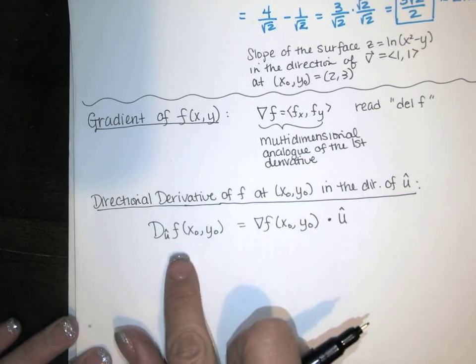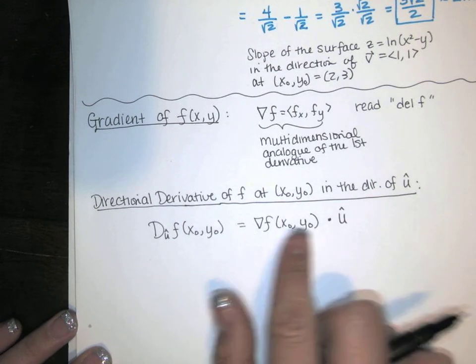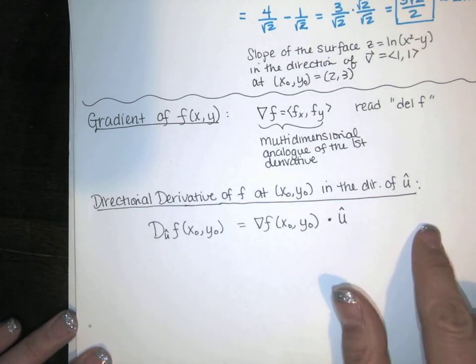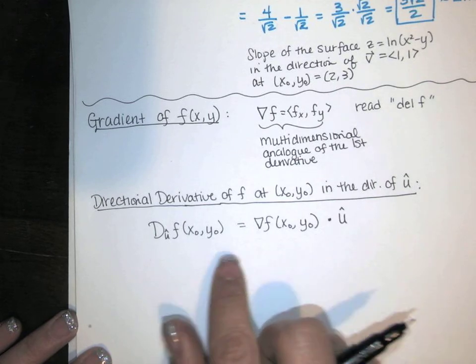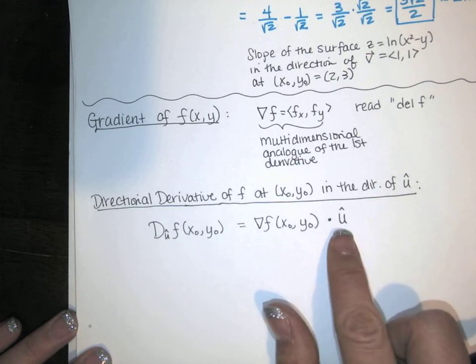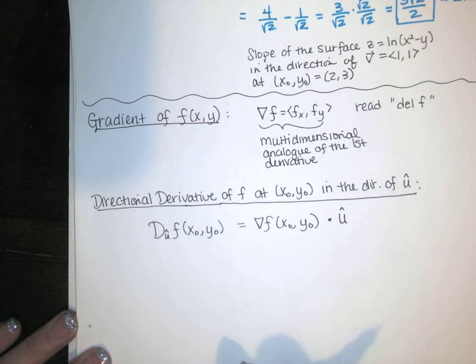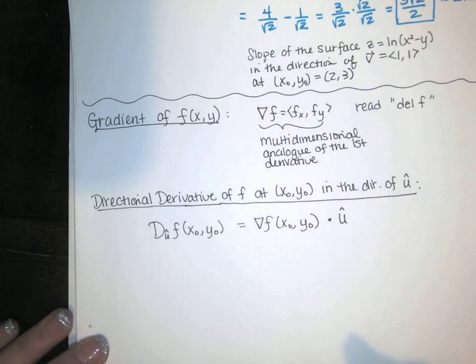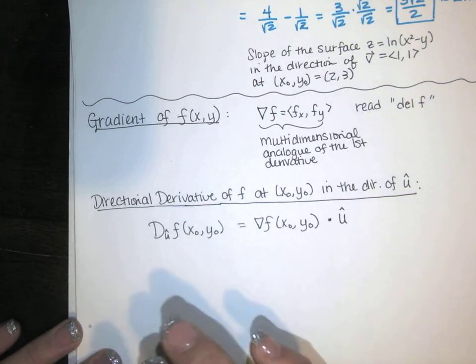And this actually works not just for functions of two variables, but for functions of n variables, as many variables as you want. You'll find the gradient, you'll find a unit vector in the direction that you're interested in. If you have n variables here, the unit vector will have n components. And then you dot these two, and that's going to give you what I would call the slope of the surface in that direction if we're talking about z equals f of x, y.